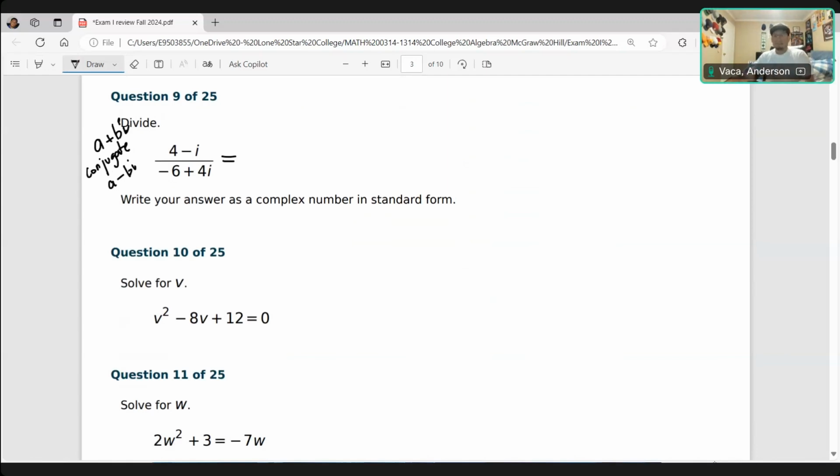So how to fix that? To fix that, we multiply by the conjugate of the denominator.